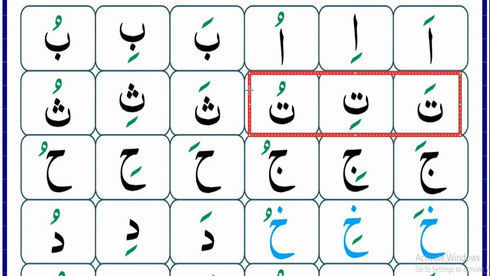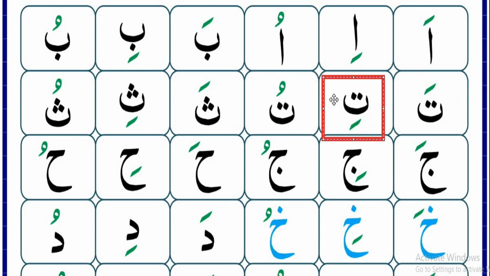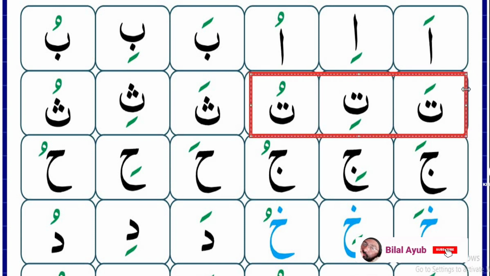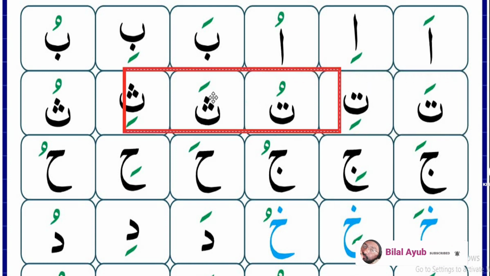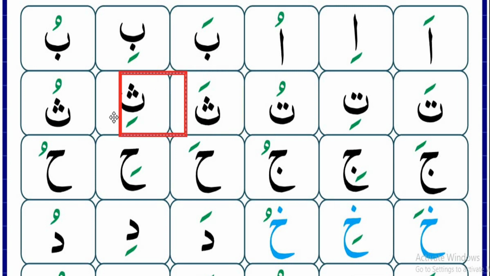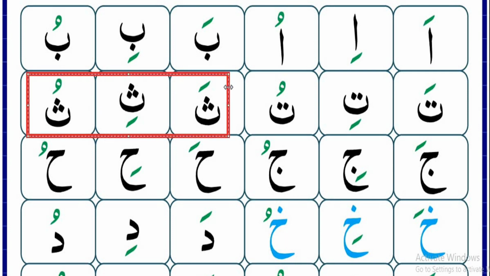Without spelling, it's ta, ti, tu. So all three of them together is ta, ti, tu. And this one, it's tha, fatha, tha. Tha, kasra, thi. Tha, dhamma, thu. Without spelling, tha, thi, thu.